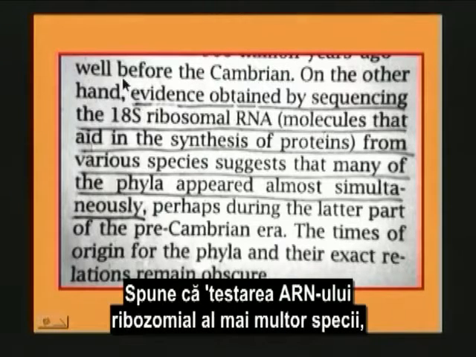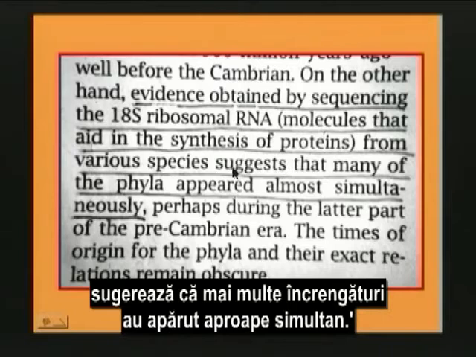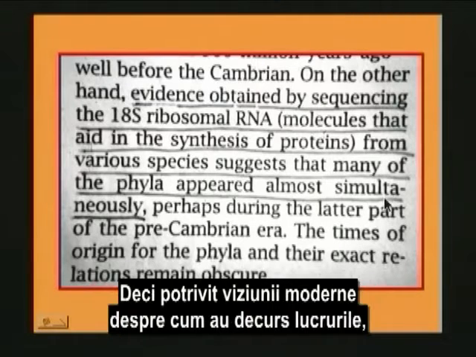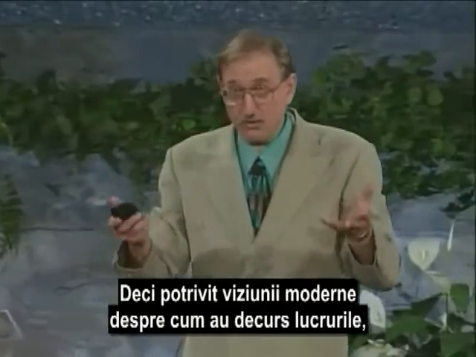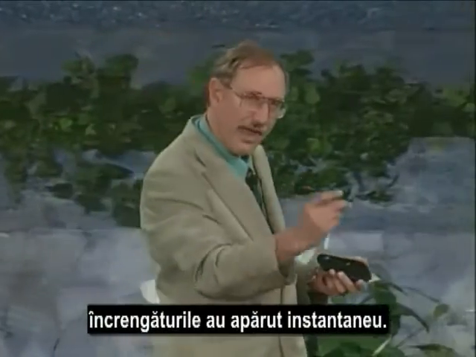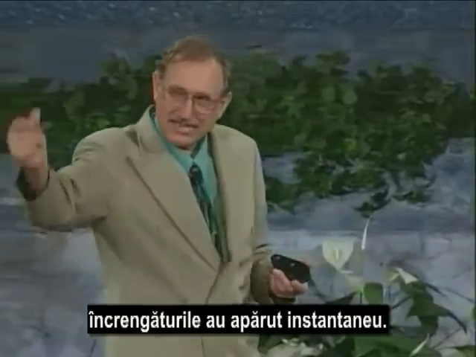He says that testing the ribosomes and ribosome RNA from various species suggests that many phyla, wow, now that's a big category of animal, appeared almost simultaneously. Boom. So, according to the modern view of how things happened, the phyla appeared instantly.